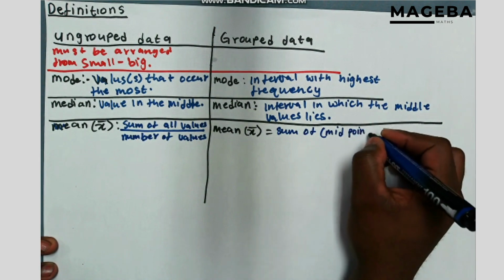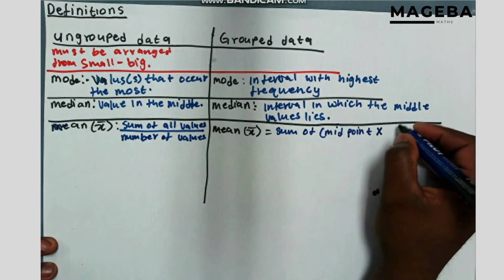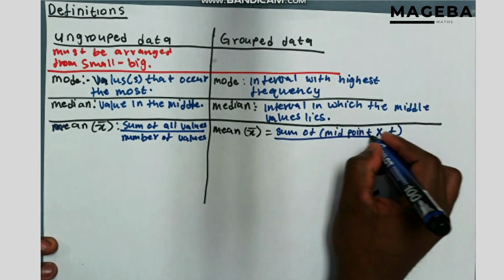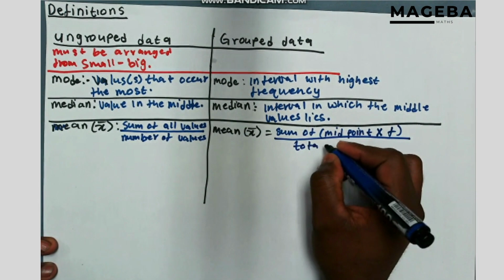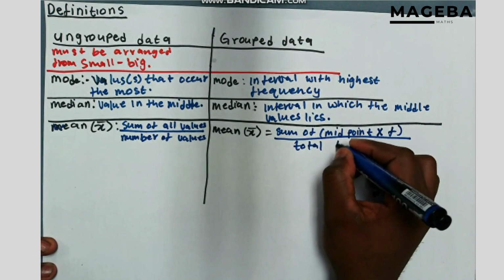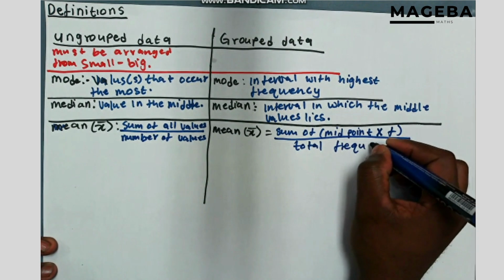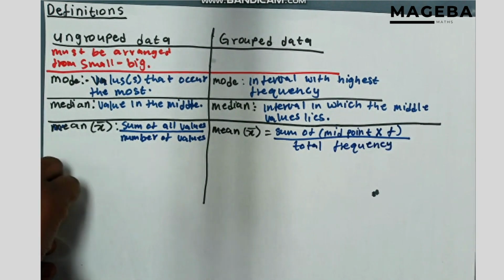So it's the midpoint times the frequency is the sum, over the total of what? Of frequency. I hope you see the difference between the two.